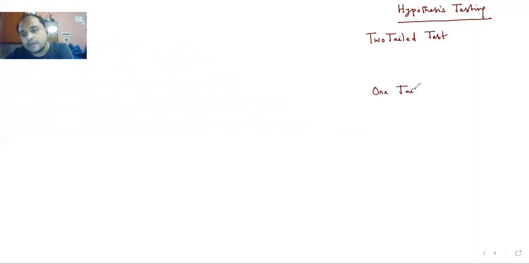You will gradually understand the meaning of these two, but briefly speaking, two-tailed test means if you find in the null and alternative hypothesis the combination of symbols where the null hypothesis is going to contain the equality symbol, and in the alternative hypothesis you are not sure, if it is not equal, whether it is less or whether it is greater, because there are 2 possibilities.